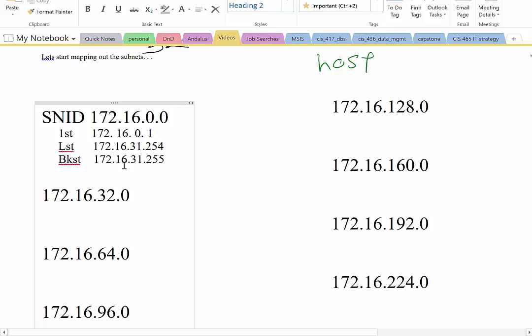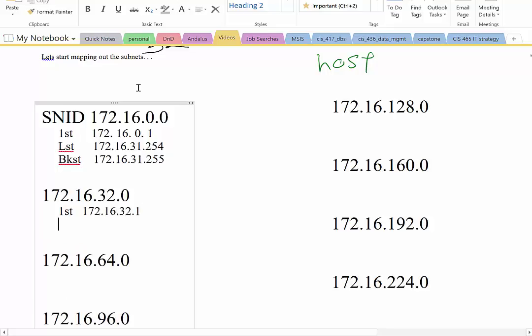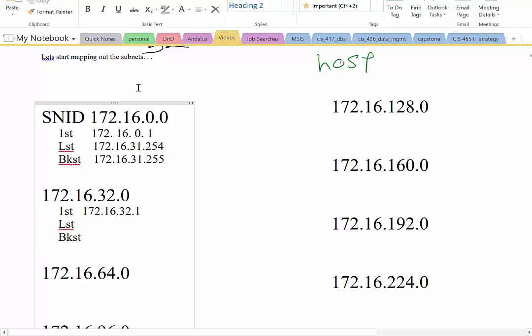All right, let's do this all over again now. Let me make that 20. All right, so my first usable will be 172.16.32.1, and my broadcast is 172.16.63.254.